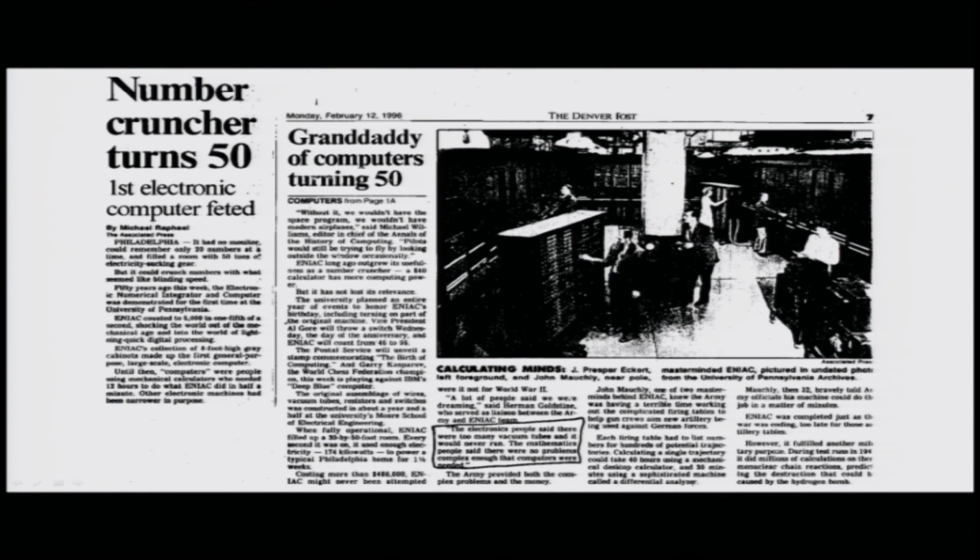February 12, 1996 was the day this newspaper came out, because 50 years before, on the same day, the ENIAC was first put to action.